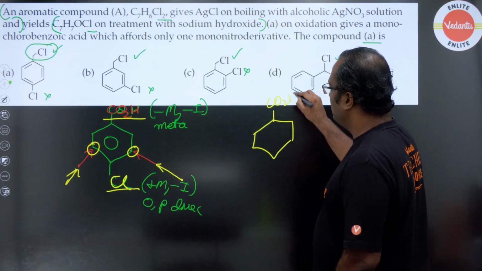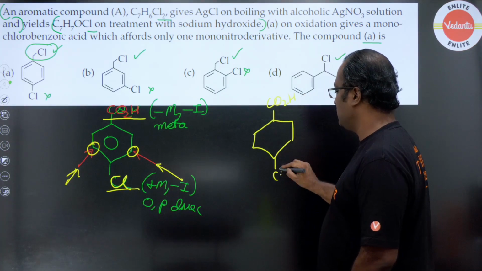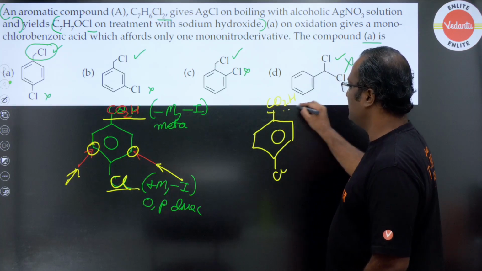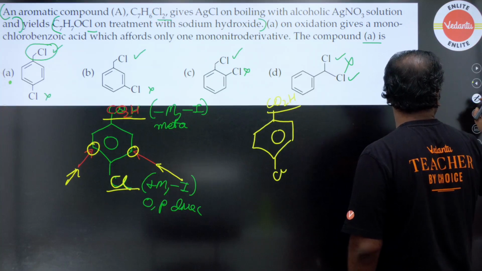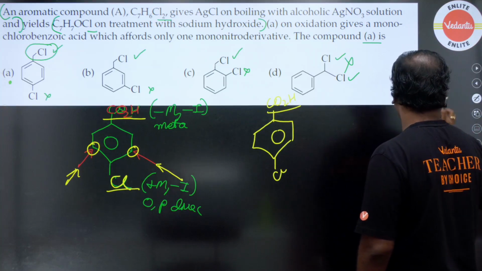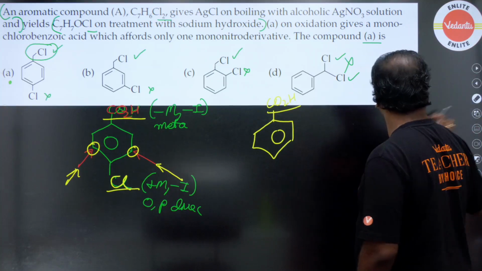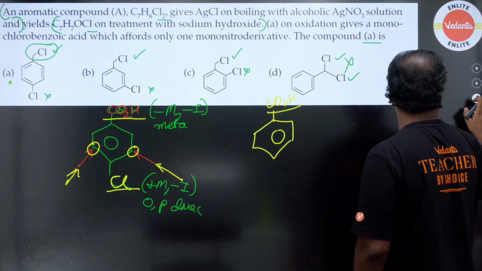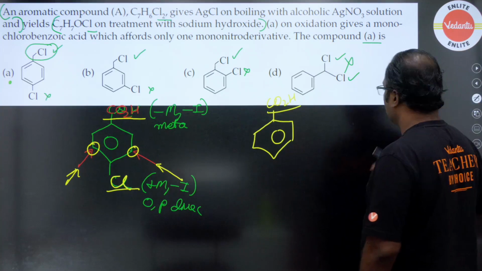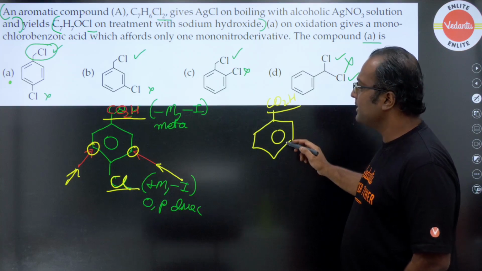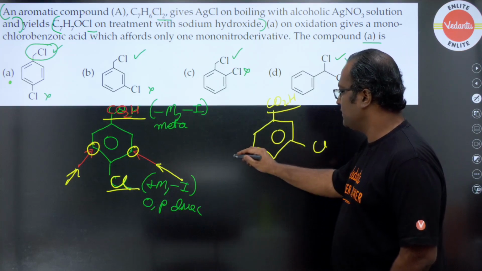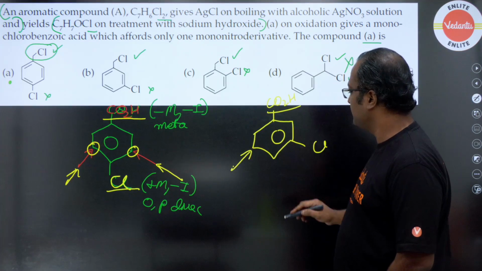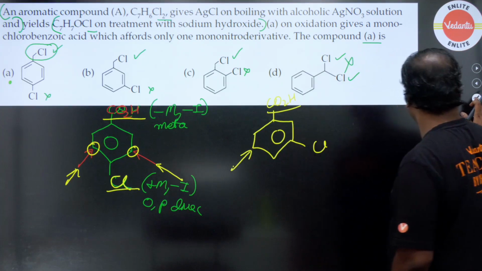Let's move ahead. So here you have CO2H, here you have Cl. This CO2H is a meta director, and we had Cl here. So CO2H being a meta director, this position is due to CO2H.